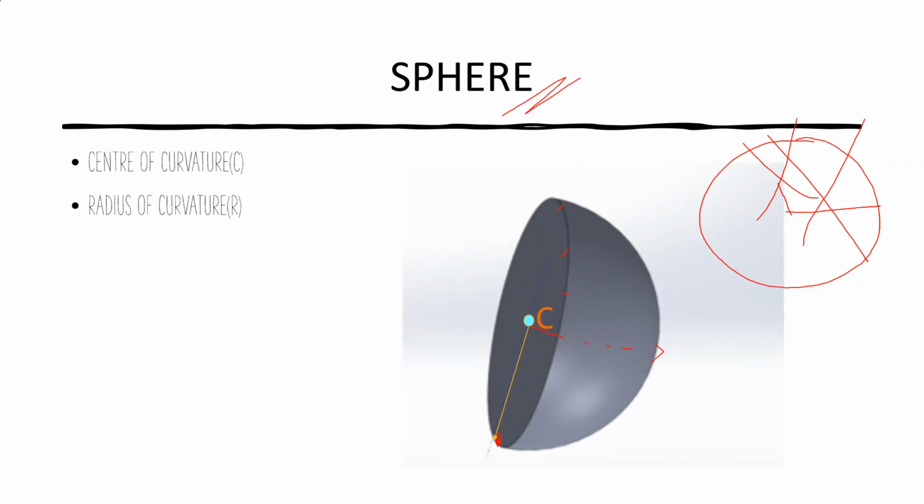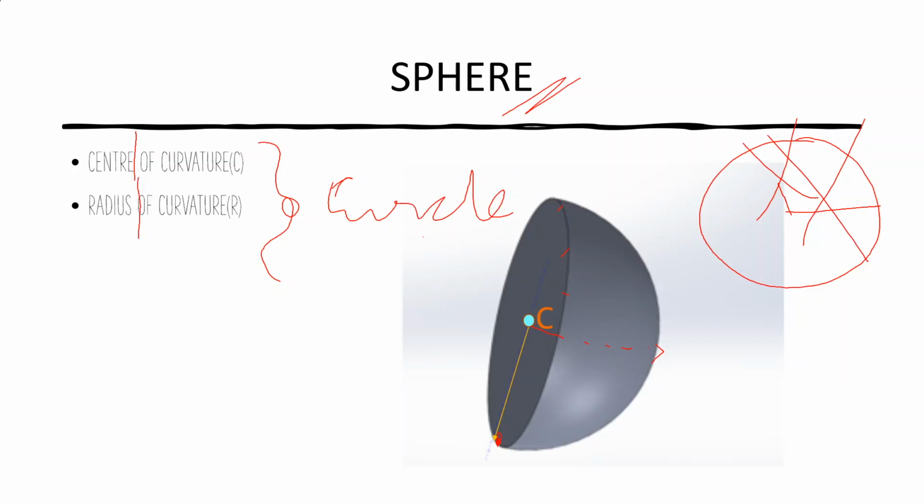These are the terms we commonly use for a circle. But this is something special, a three-dimensional circle, another type of circle. For that we use some additional terms: center of curvature and radius of curvature.